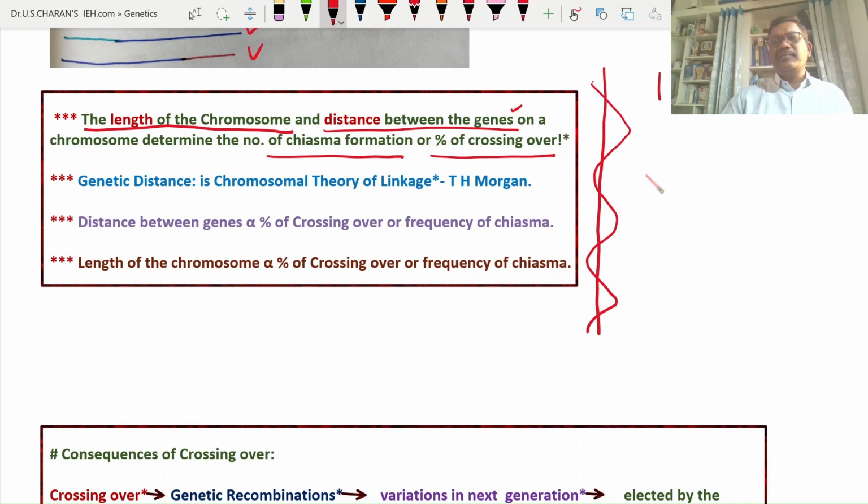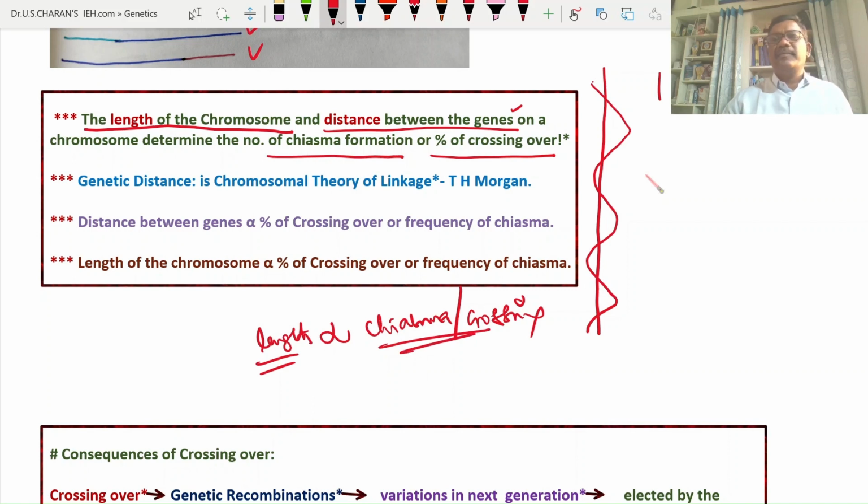Means if the length of the chromosome is high, the crossing over percentage is also increased. If the length of the chromosome is decreased, the crossing over percentage is also decreased. Means the length is directly proportional to the chiasma formation or crossing over. This is directly proportional.